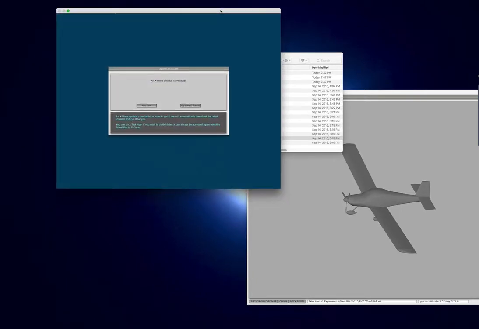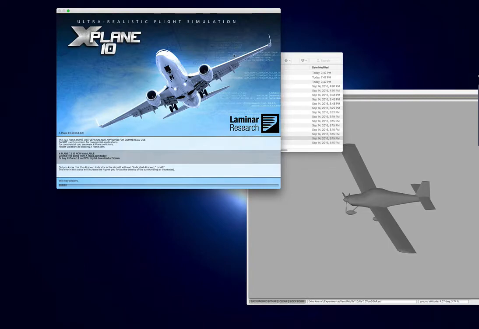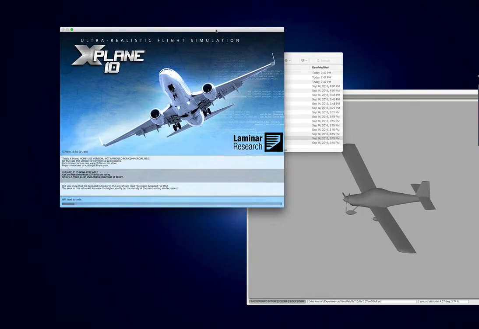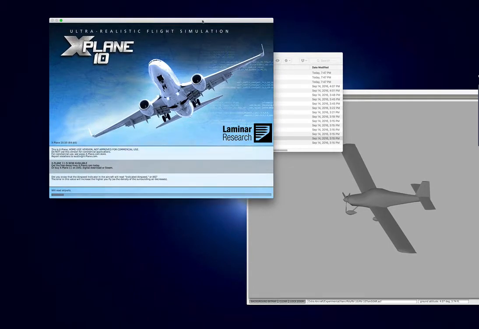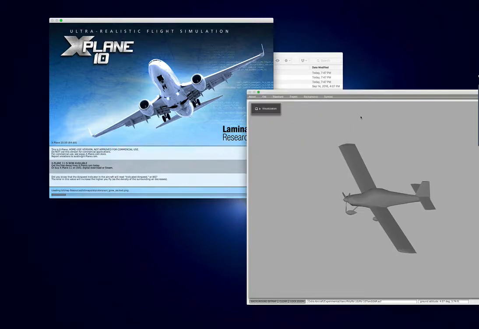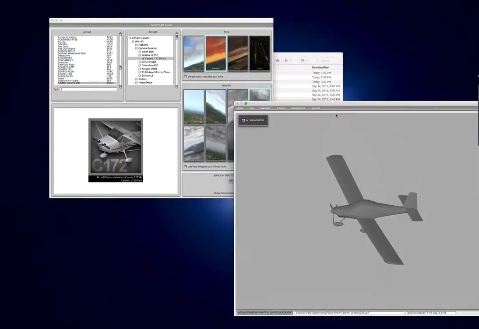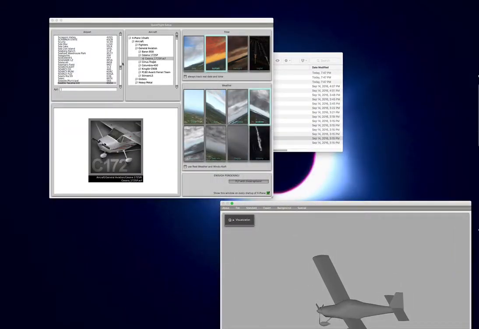Might take a little bit to bring it up. It'll ask you, do you have to unlock it? You just sit there and say okay every time. It's a little bit of an annoyance. All right, it may take a few minutes to load up here because I'm running an older Mac. I'm at school, but there it is. It actually came up pretty quick.